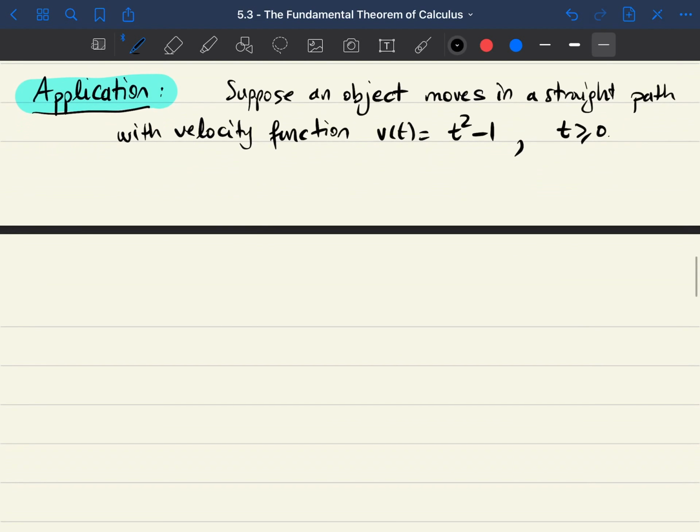Okay. And the first question is find the displacement, and the second question is find the distance traveled on the interval 0, 3. So from time equals 0 to time equals 3. Now, remember, whenever I talk about distance traveled or displacement, and I'm given the velocity function, I always have to do integration of the velocity function on a closed interval.